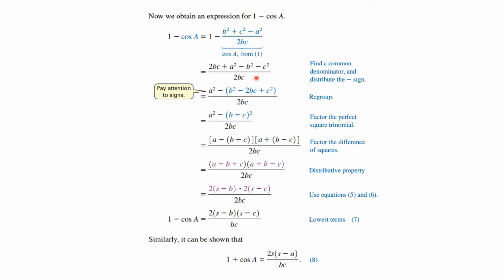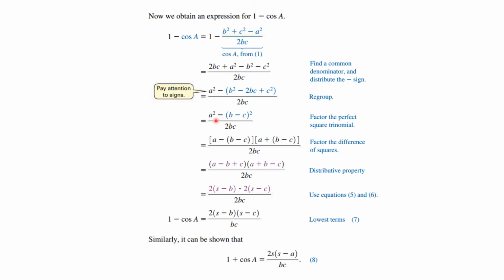And then what we can do is we can say that this is a squared, and then I have minus, factoring out here, and so you see the signs. This is the same as a squared minus (b squared minus 2bc plus c squared), which, when you factor it, is (b minus c) whole squared.